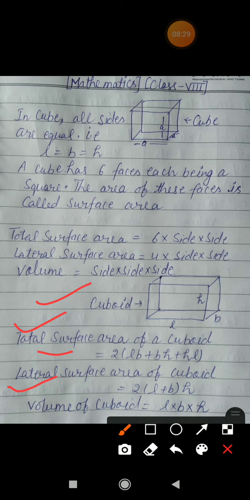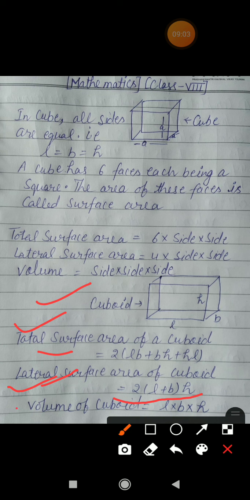As we discussed with the cube, the lateral surface area means you find only the area of the four walls. That means when you have to calculate the area of four walls only, you use the lateral surface area. So what is the formula of lateral surface area? 2 into (L plus B) into H. This is the formula of lateral surface area.